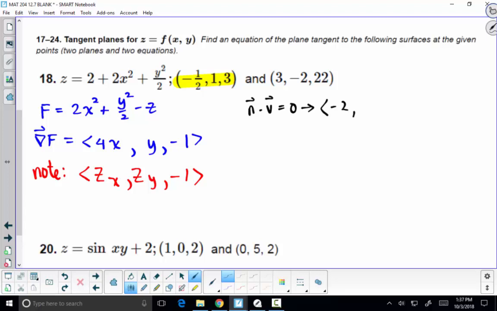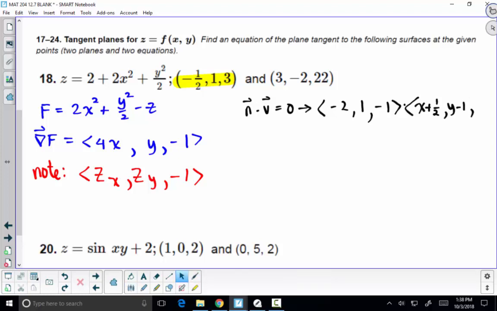Plugging in 1 for y. -1 is our z value always. Dot general displacement vector off of that point: x plus 1/2, y minus 1, and z minus 3.